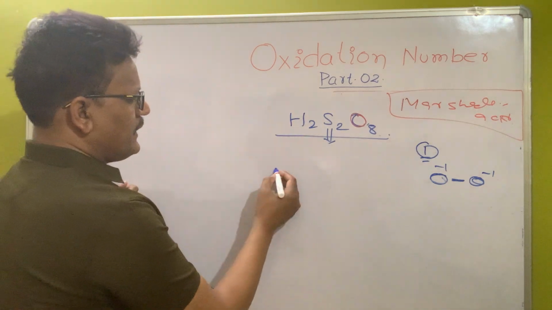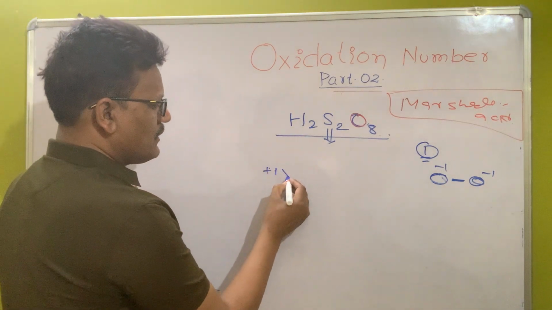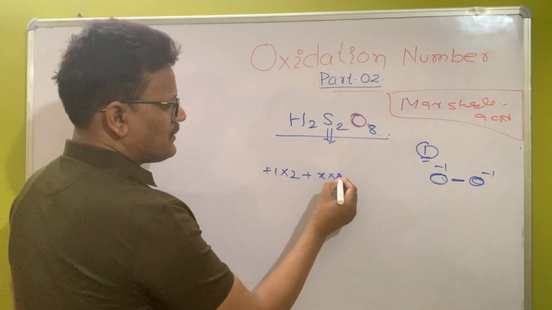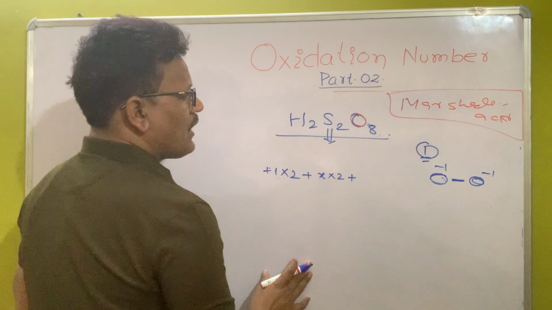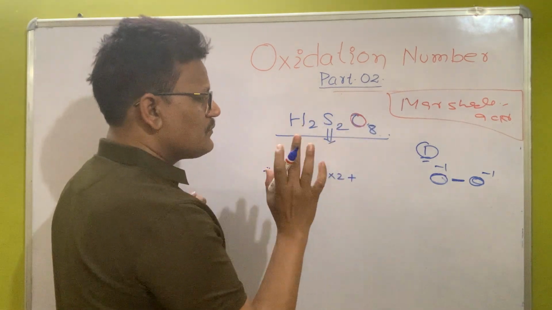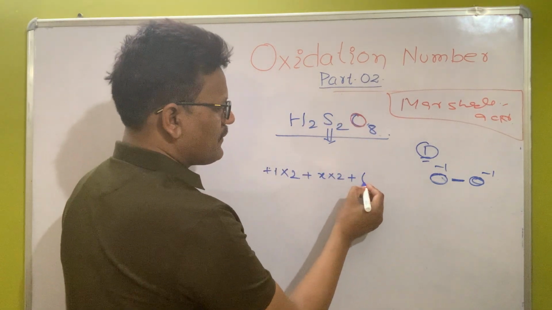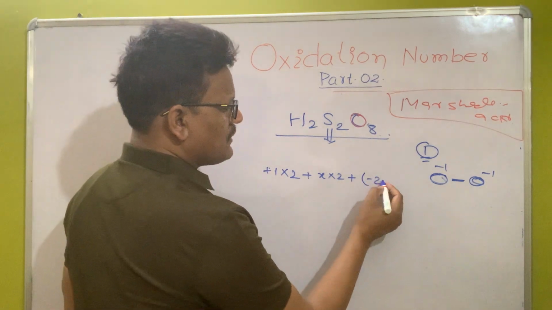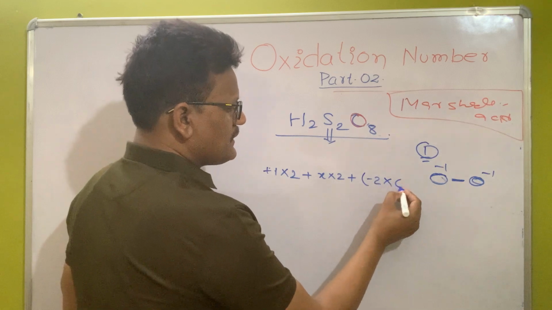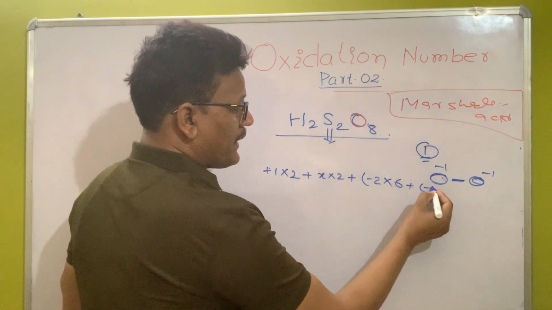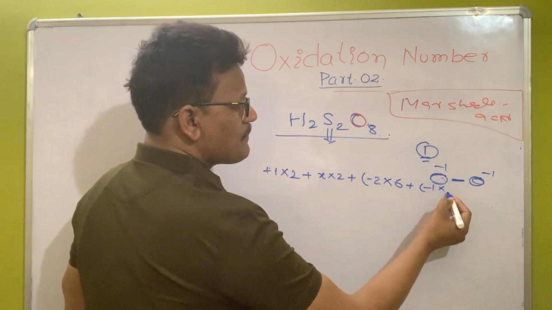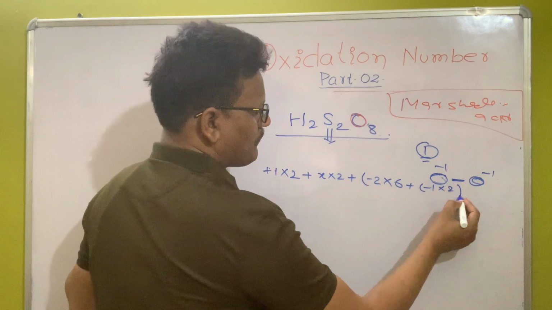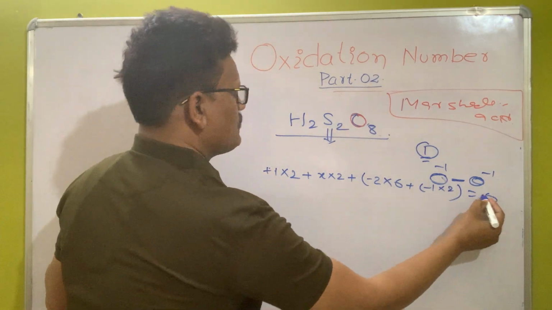So for H, plus 1 multiplied by 2 plus X multiplied by 2 plus, out of 8 we have 6 oxygen atoms which will have minus 2 oxidation number. So minus 2 multiplied by 6 plus minus 1 multiplied by 2 equals 0.